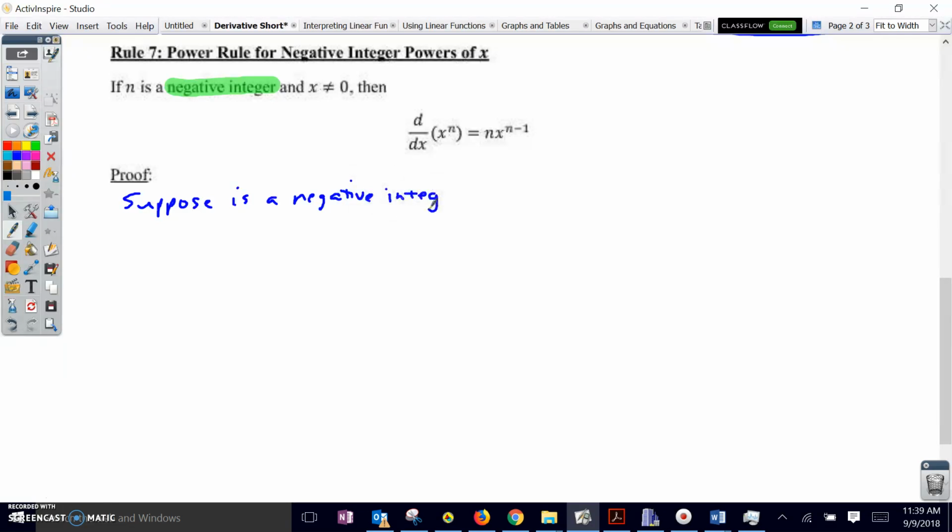and x does not equal 0. And then we are going to suppose n is a negative integer. We're going to let m be equal to the opposite of n, so m is a positive integer.